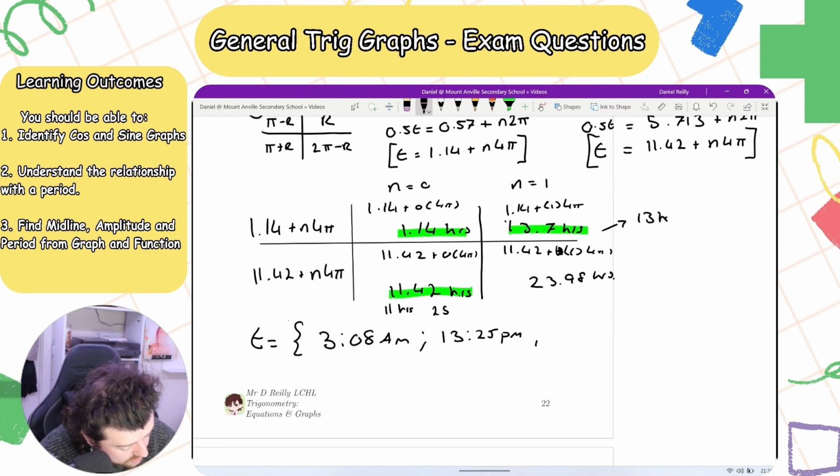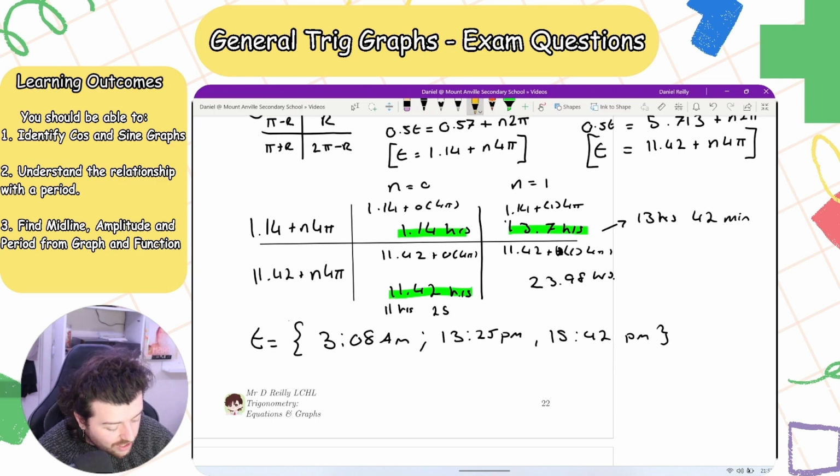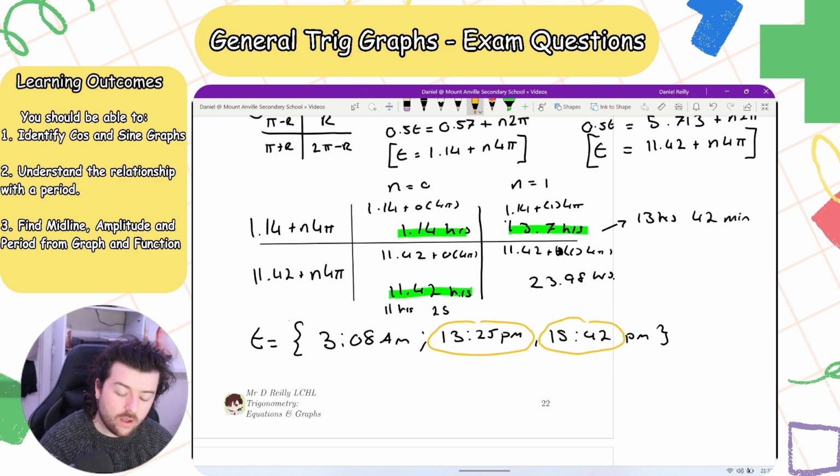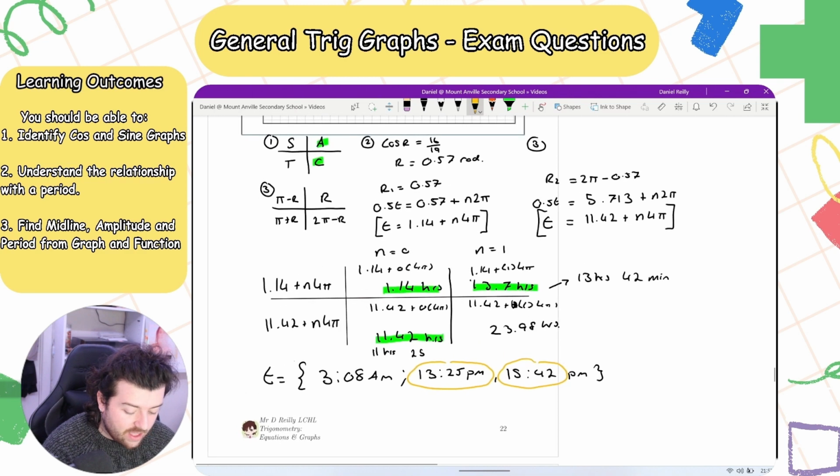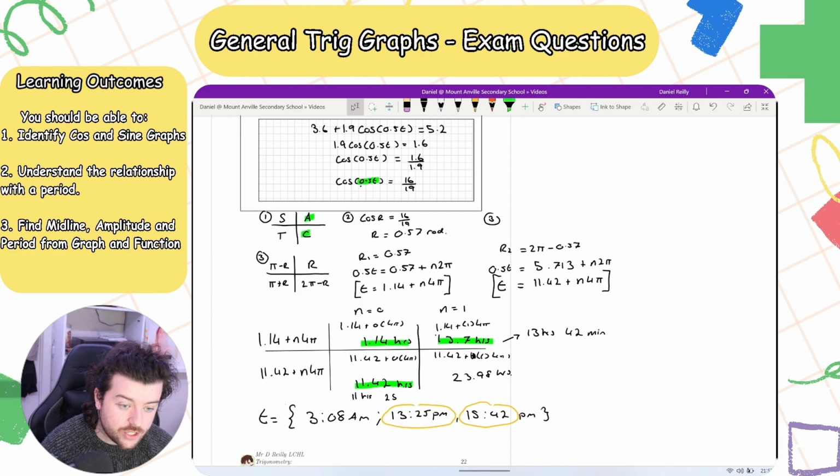That's 13 hours and 0.7 hours is equal to 42 minutes. So that will be equal to 42 past 3 p.m. So we're looking for times in the afternoon. So that's going to be 1:25 and 3:42 p.m. And those are the afternoon times where the depth of the harbour reaches 5.2 meters.